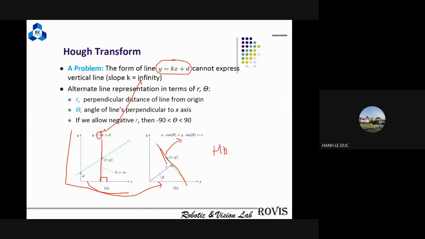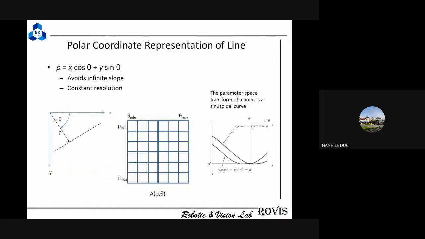Here you can see the theta and the r. And in our image, we have to move the coordinate into the corner on the right hand side like this. So the equation will become this one, theta and rho like this.